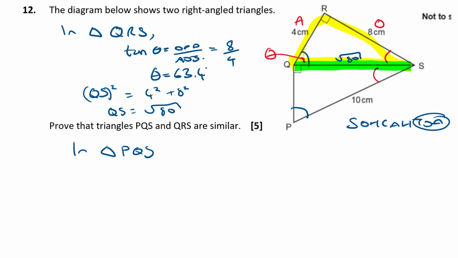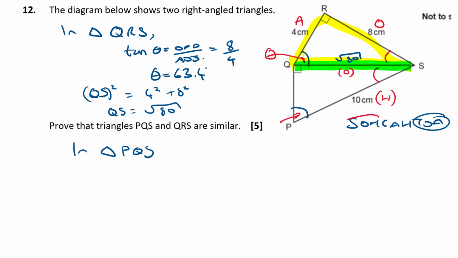So now I can use trigonometry in the second triangle, PQS. I'm going to find that same angle down here, angle P. If that's the angle I'm trying to find, then 10 is the hypotenuse, isn't it? So I've got the hypotenuse this side, and root 80 is the opposite.